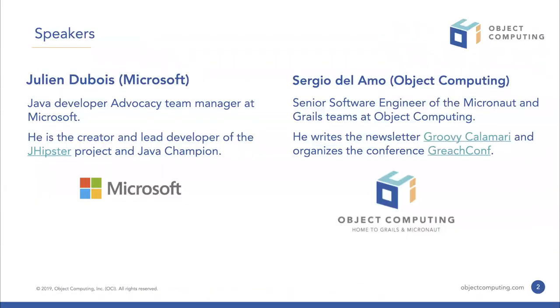We also have Sergio, who is here from OCI, and he is a member of the Micronaut core development team. And today they're going to be giving us an introduction to the Azure Functions programming model, which is a model based on triggers and bindings that will assist with responding to events and seamlessly connecting to services, and how well that works with Micronaut. Thank you again so much. And with that, I will turn it over to you guys.